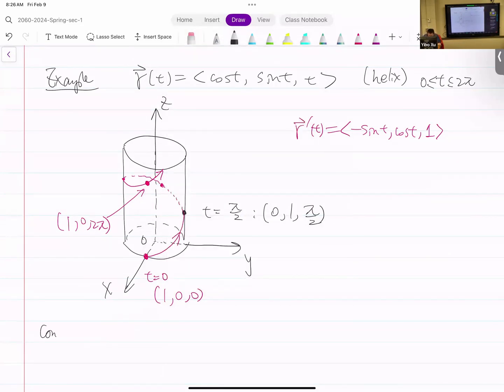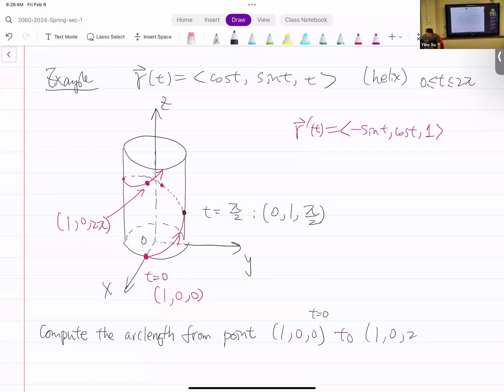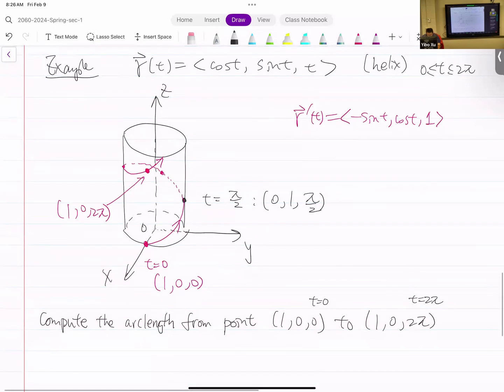So compute the arc length from the point (1, 0, 0), where t is 0, to (1, 0, 2 pi), where t is 2 pi, on the above curve.